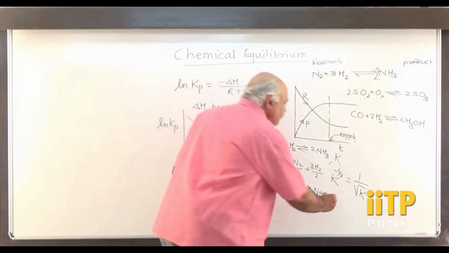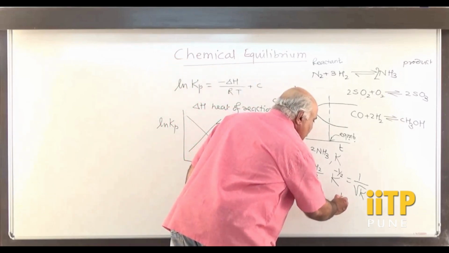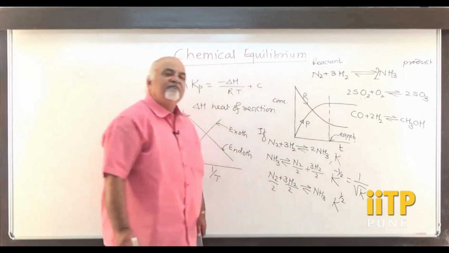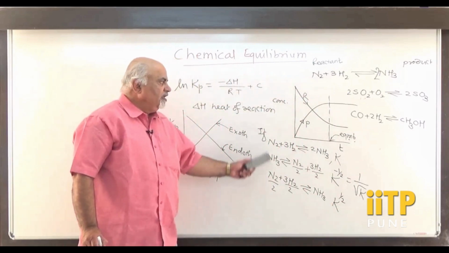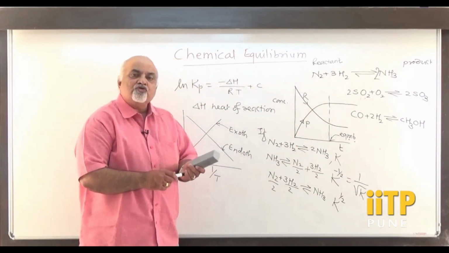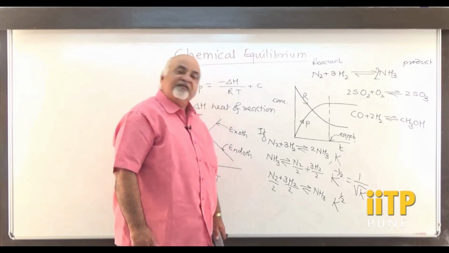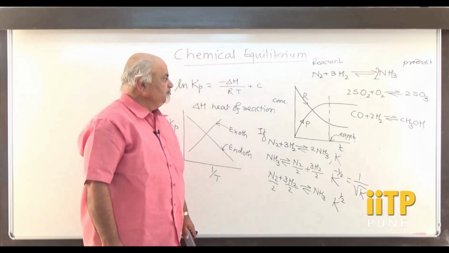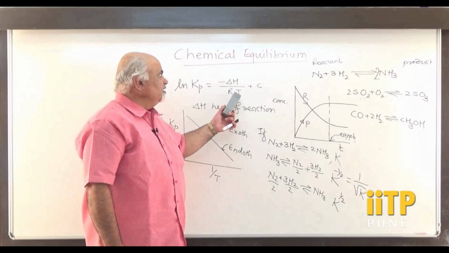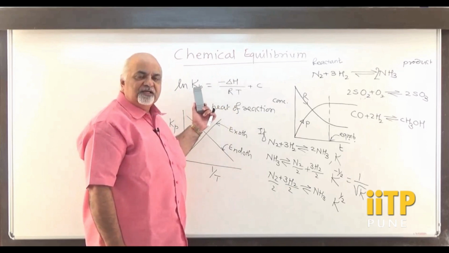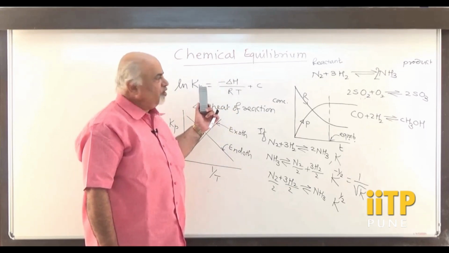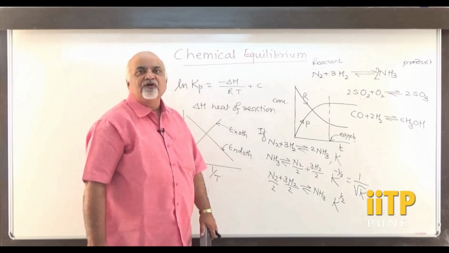The multiplying factor becomes a power for the original equilibrium constant. So it is square root of K. This is how stoichiometry is related with equilibrium constant, and temperature is also deciding the equilibrium constant Kp or Kc with the help of heat of reaction.